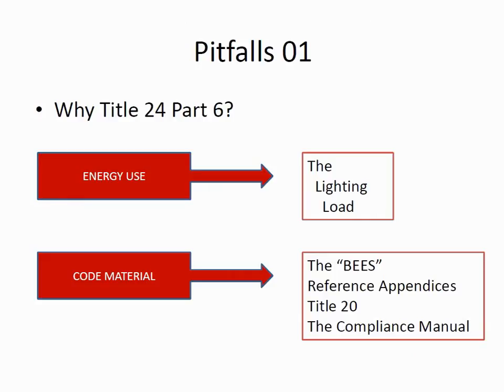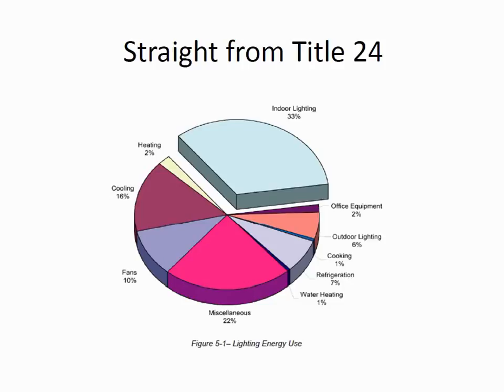We're going to try and figure out why we're sitting here today. We will then discover where to find the information necessary for you to complete your design work. We're here because, as it turns out, lighting consumes over 1/3 of the electricity in the United States.